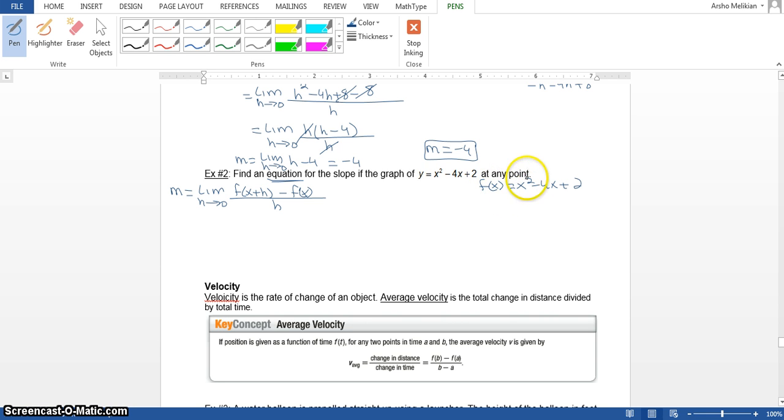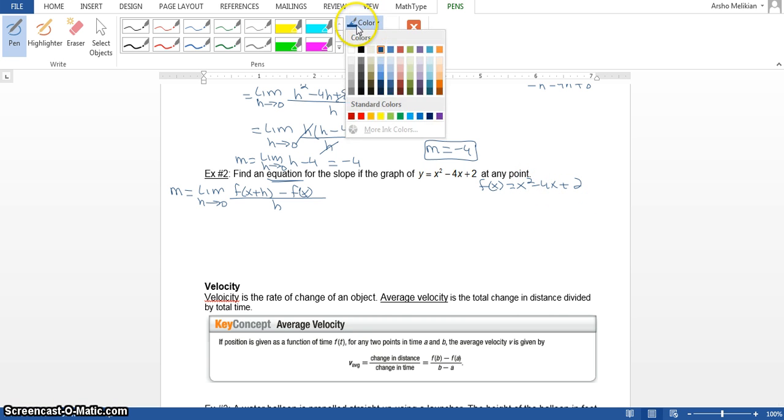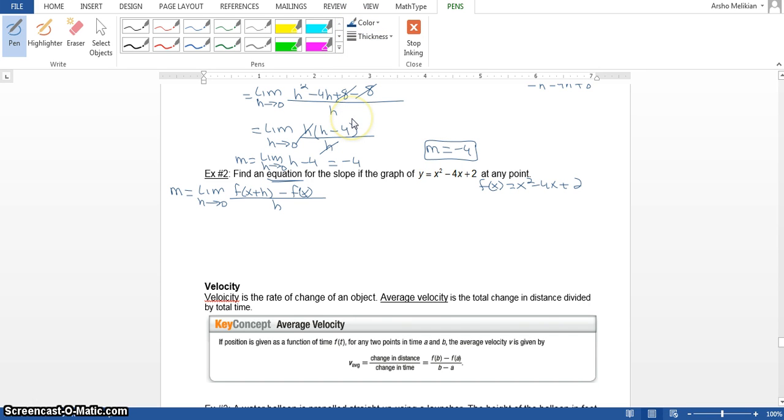Now I need f of x plus h. So is it x squared minus 4x plus 2? F of x plus h. Wherever you see an x, we're going to insert x plus h. So it's going to be x plus h squared minus 4 times x plus h plus 2. Now we need to distribute the square.